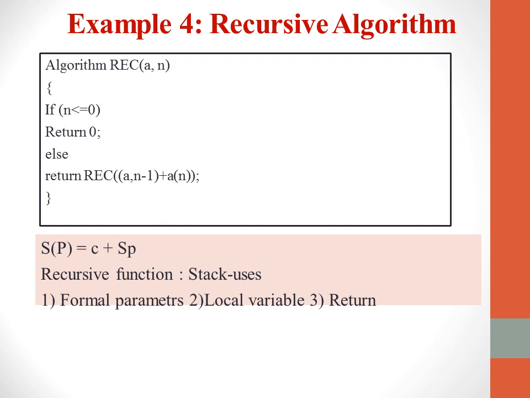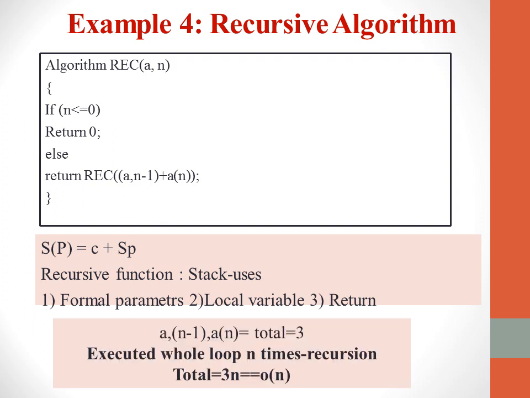So I can define the memory space as S(P) equals c plus Sp. A recursive function uses stacks. It is for the formal parameters, then the local variables, and for the return. So for these 3 things, a, then n minus 1, a of n, these are 3 things that are to be calculated. So total 3 bytes.